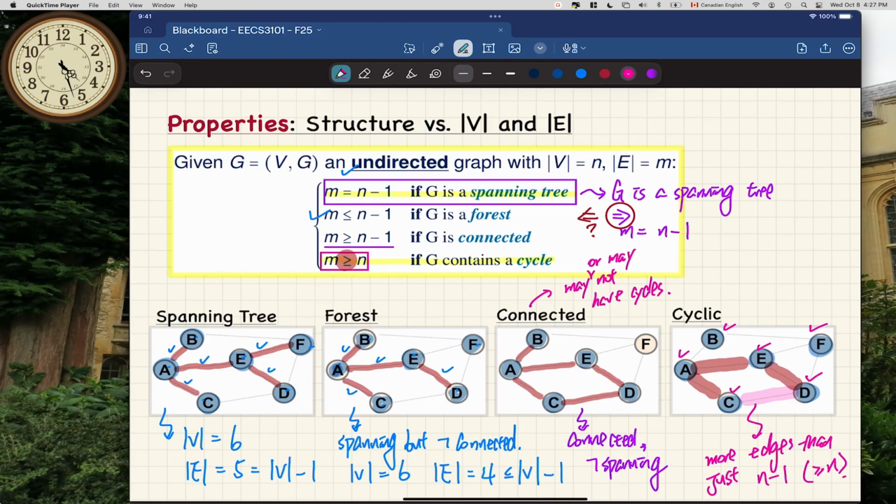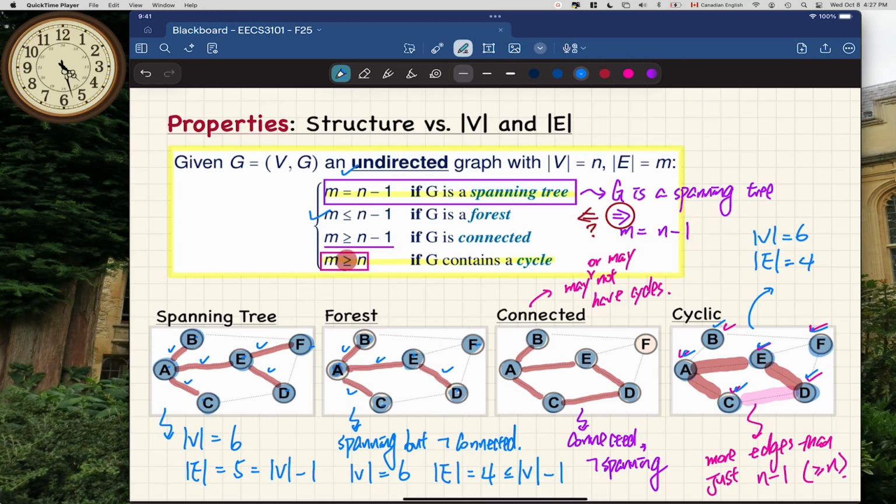So let's say this one here, okay. This one here, the number of vertices is exactly equal to 1, 2, 3, 4, 5, 6. And the number of edges right here is 1, 2, 3, 4. You do have a cycle there, and okay, that's interesting.